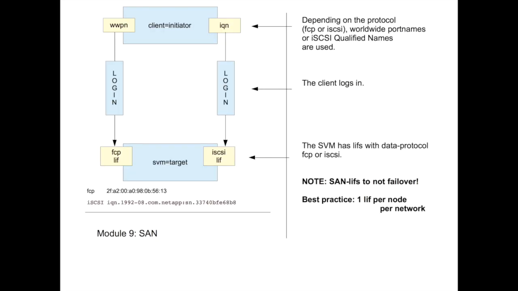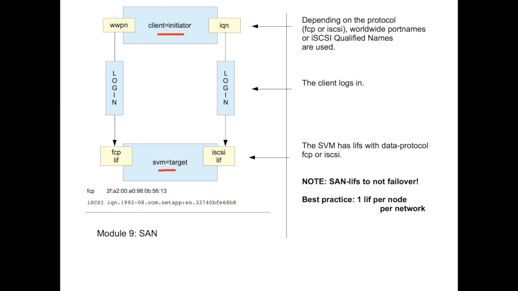And we have two types of clients. We've got Fibre Channel clients and we have iSCSI clients. And the client in either case is called an initiator. And obviously the SVM that receives the client's data and the SVM that holds the LUN is the target. And when you run iSCSI, the client will have an IQN name and the SVM will also have an IQN name.